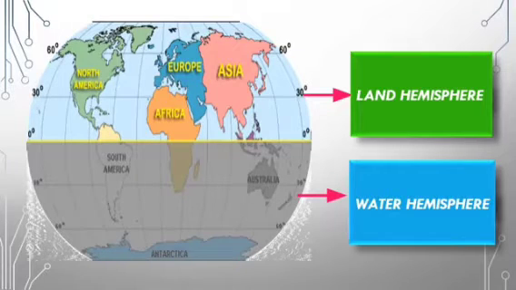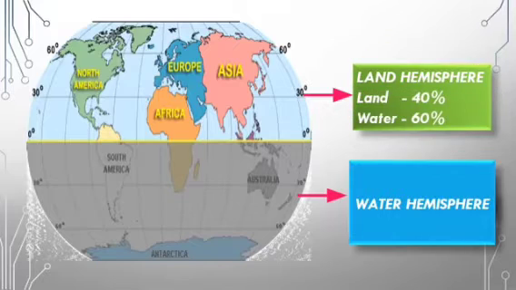Do you know why? Northern hemisphere is surrounded by 40% land and 60% water. Compared to southern hemisphere, land surface is more in the northern hemisphere. So, northern hemisphere is called land hemisphere.